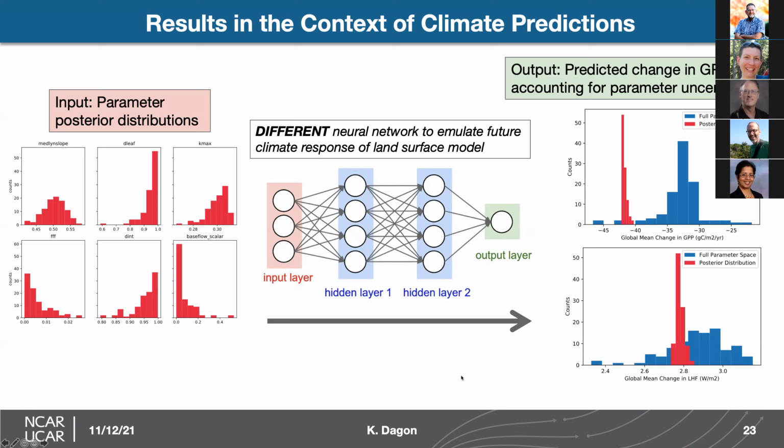And then what we can look at is comparing the distribution of responses, say in the global mean change in GPP on the top, or the global mean change in latent heat flux, and compare the full parameter space with the posterior distributions that are, at least according to the emulation, the optimal parameters to fit observations. So potentially a way to start constraining the uncertainty that's coming from these parameters in this model.